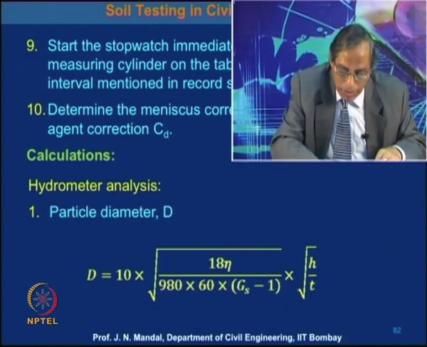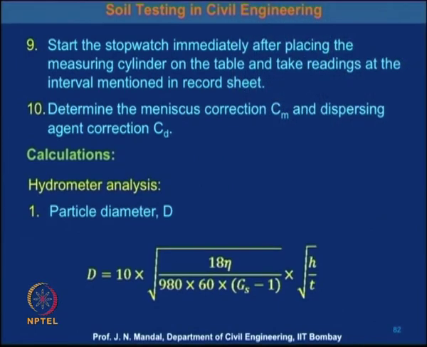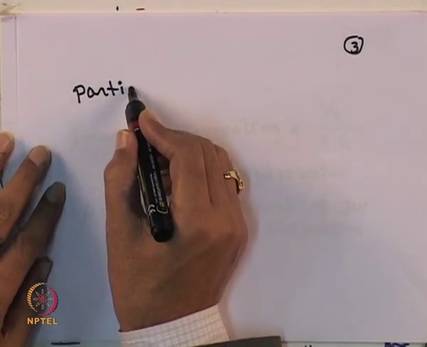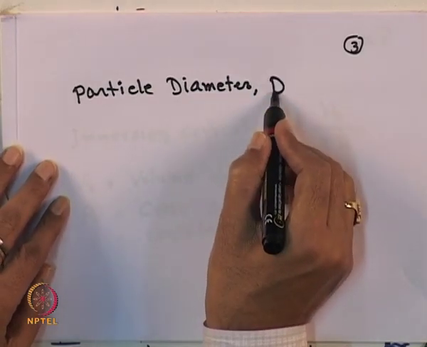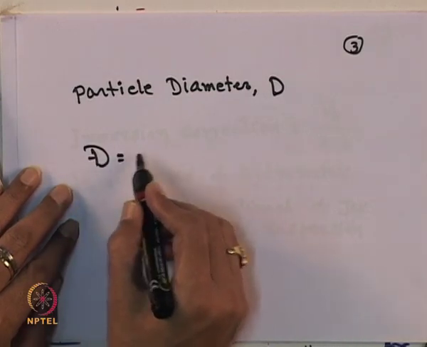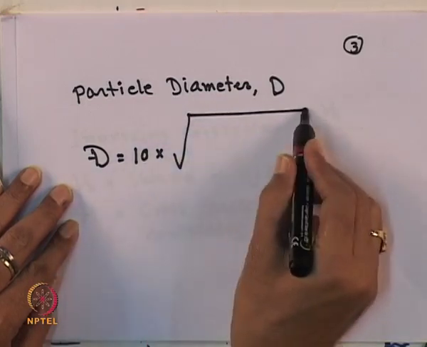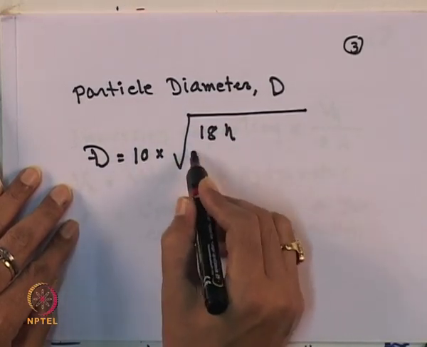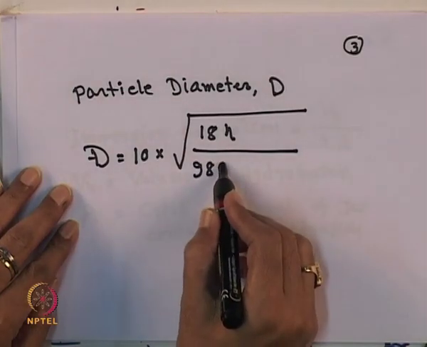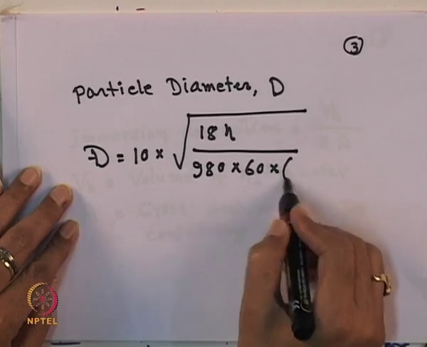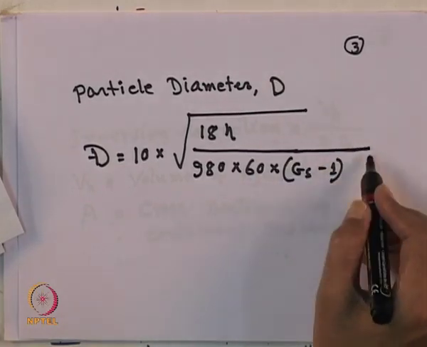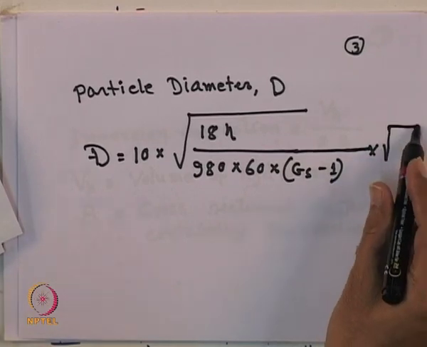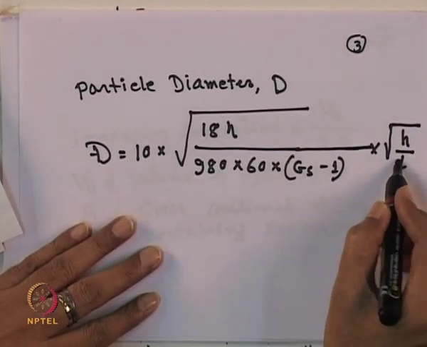Let us say the particle diameter is D. So D will be equal to 10 into root of 18 into eta divided by 980 into 60 into Gs minus 1, into root of h by t.